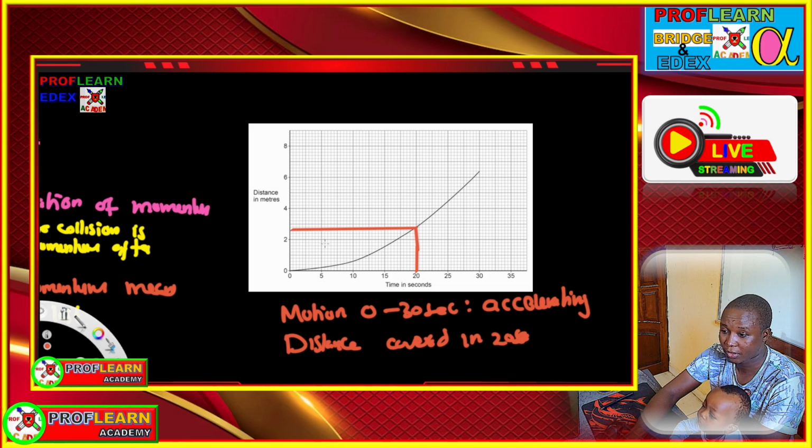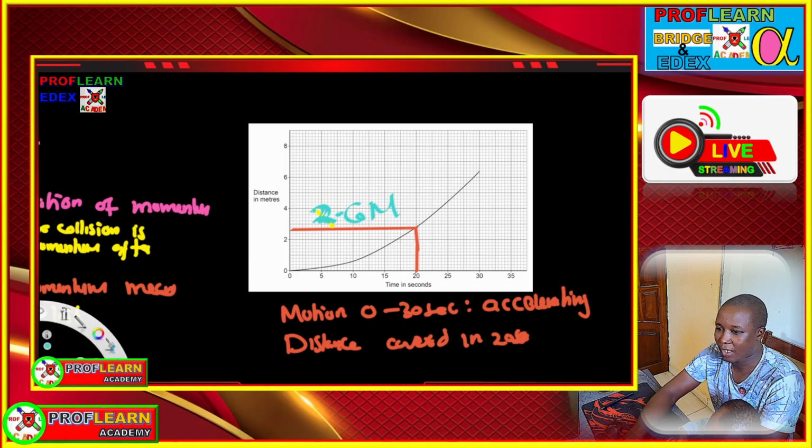For distance covered, because it's a distance time graph, you move up from the point where you meet the graph, then you will be able to read that particular point. So basically that is going to be 2.6 meters.